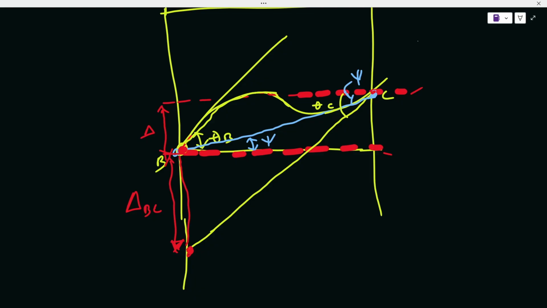This tangent line drawn touching this vertical axis. So from here to here, I have delta BC, the tangential deviation.